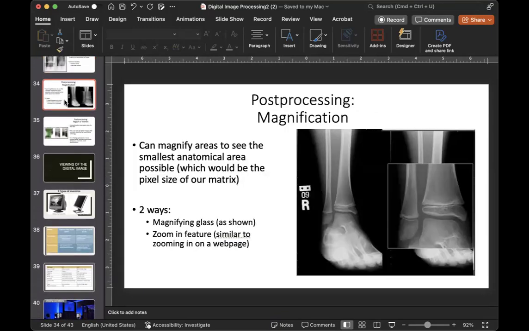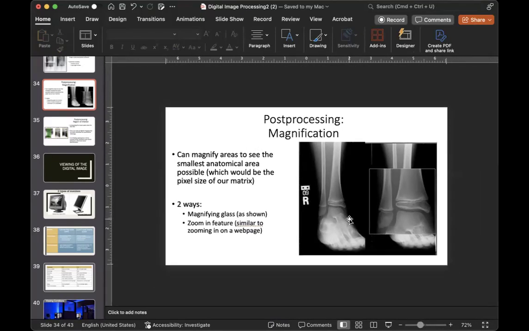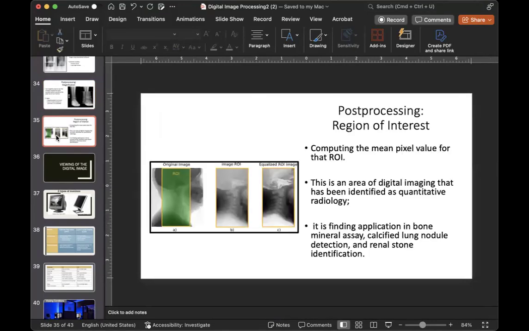Magnification, you can do it one of two ways. You can right click and see a magnifying glass like you're seeing here, or the zoom in feature where you just do this, right? Either one can be used, and that's magnification. Region of interest is used sometimes. As you can see here, this image is taken. We establish a region of interest as so.